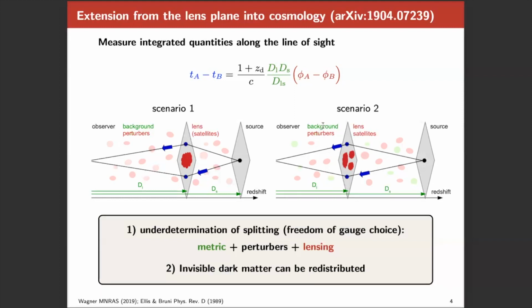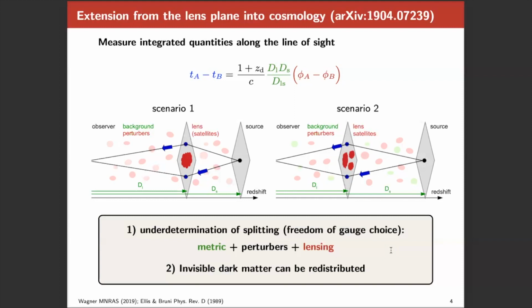This is, for instance, done in the Dyer-Roeder metric. But here, we complicated our cosmological background metric. So both of these scenarios seem to be likely and seem to be feasible. It's just that it depends how we split up the integrated signal into these different parts. This is as worse as it can get in terms of degeneracies.